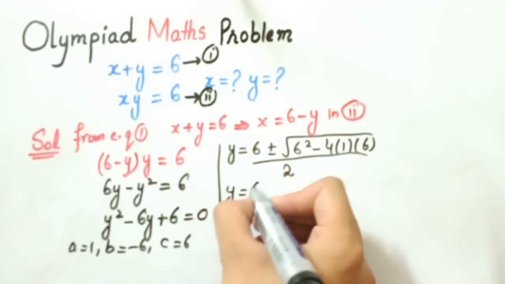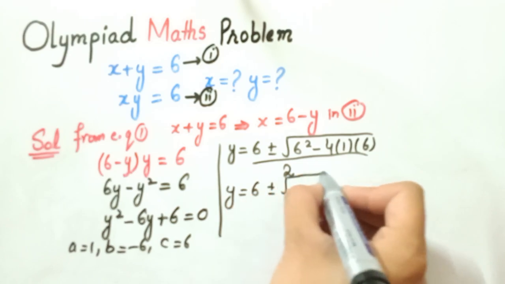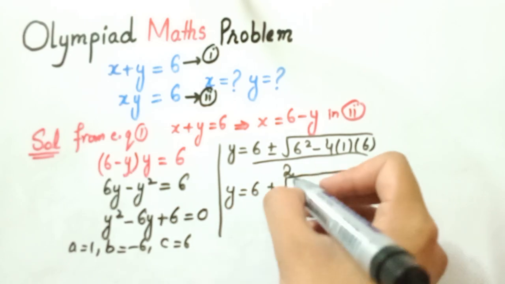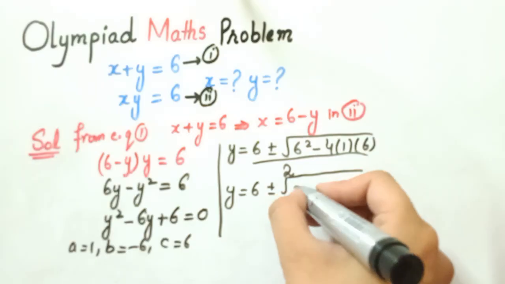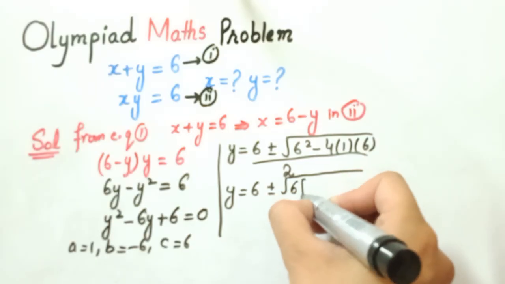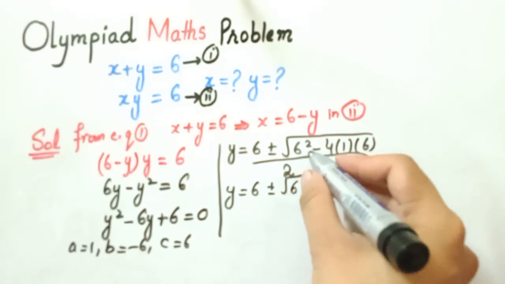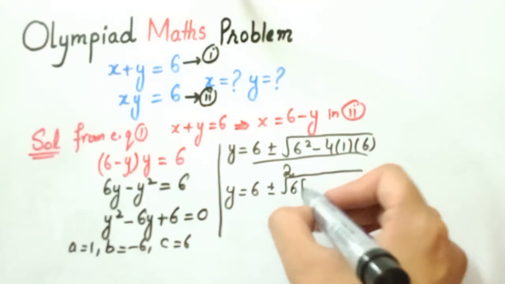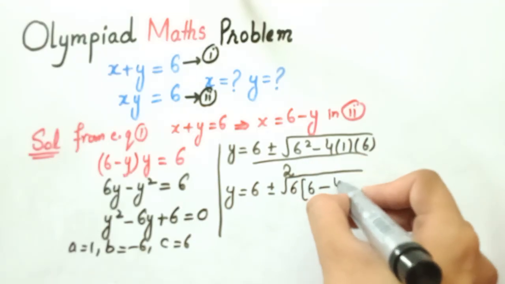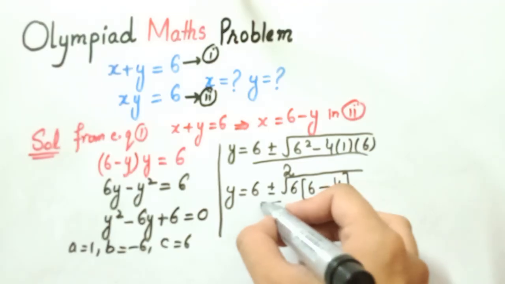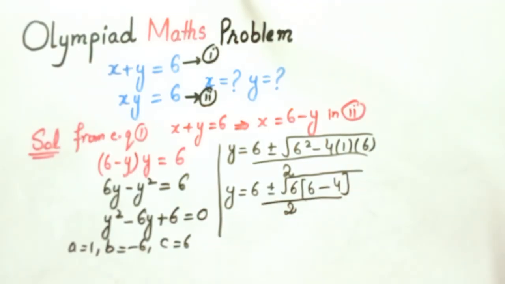So y equals 6 plus minus root of 36 minus 24, divided by 2.